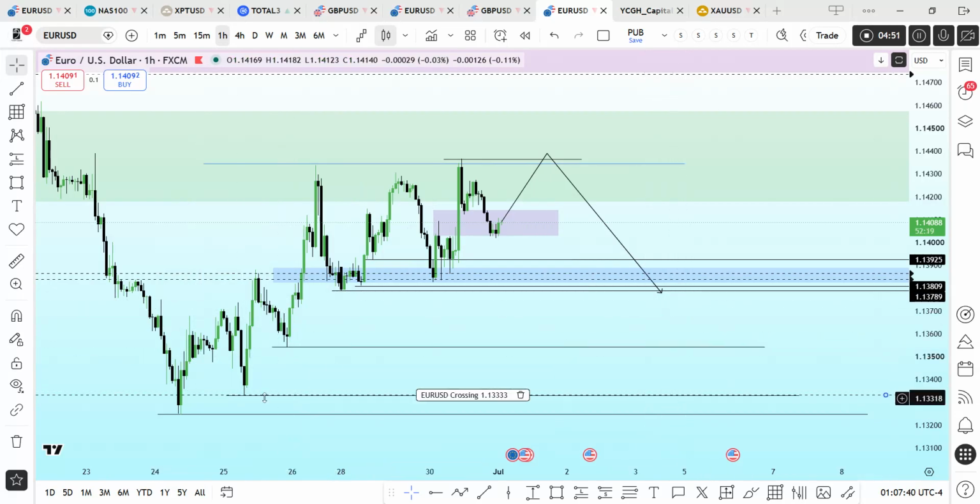These lows price will probably take, and we will decide that based on further price action, because of how candles are getting printed. So overall, you can go with a bearish bias on euro and a bullish bias on DXY.